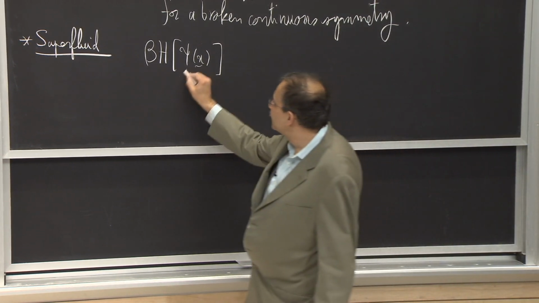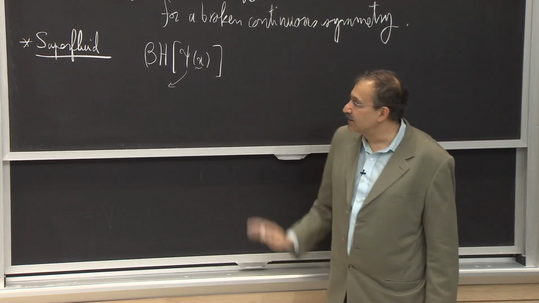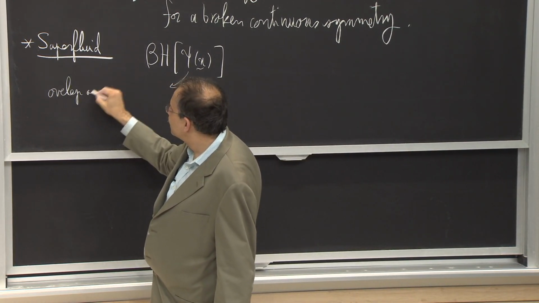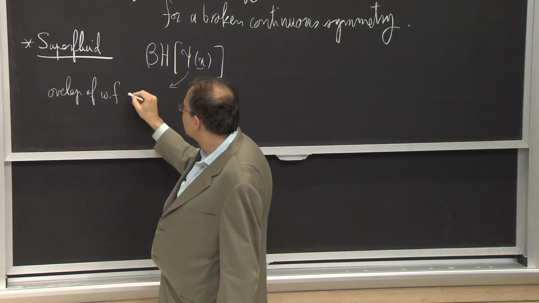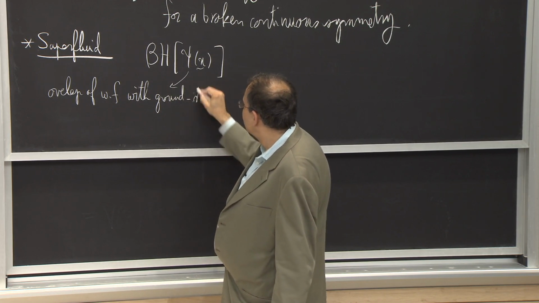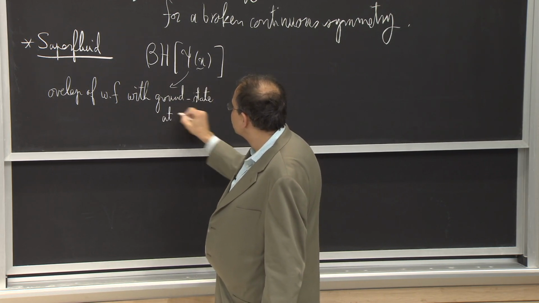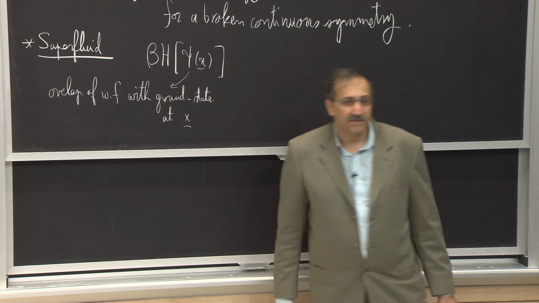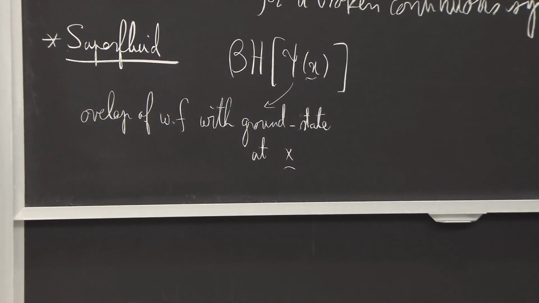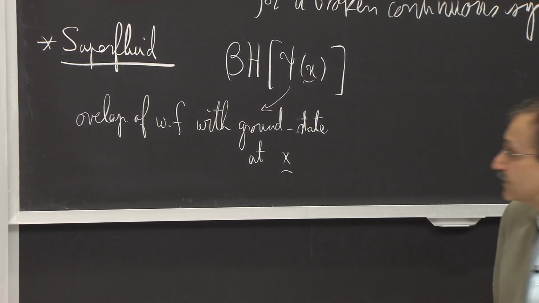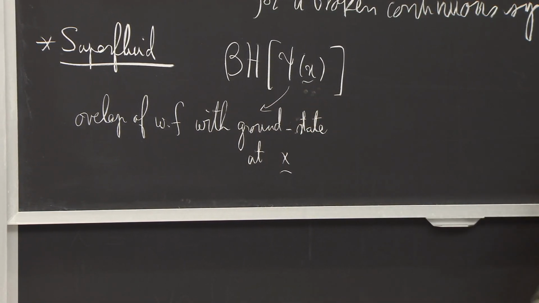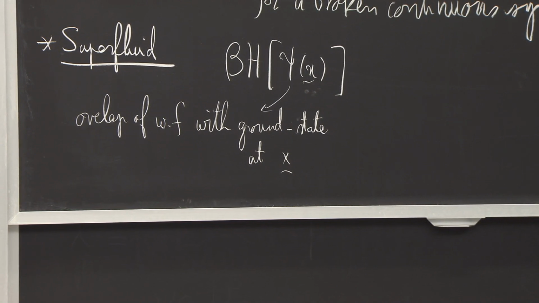And very roughly, and again this is very rough, you can regard this as the overlap of the wave function with the ground state at position x in some coarse-grained sense. Now, anything quantum mechanical we saw has an amplitude and a phase. So this is actually a number plus a phase, or if you like, it has a real part and an imaginary part.